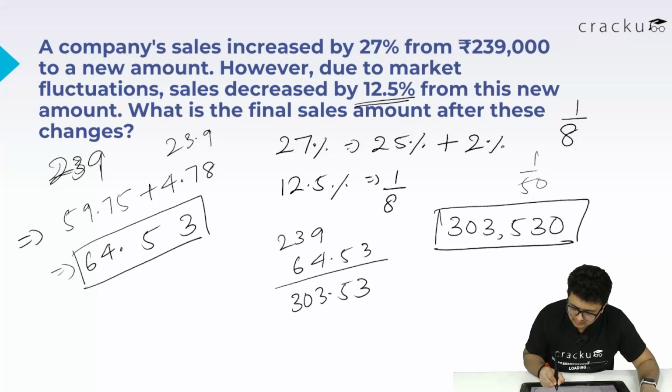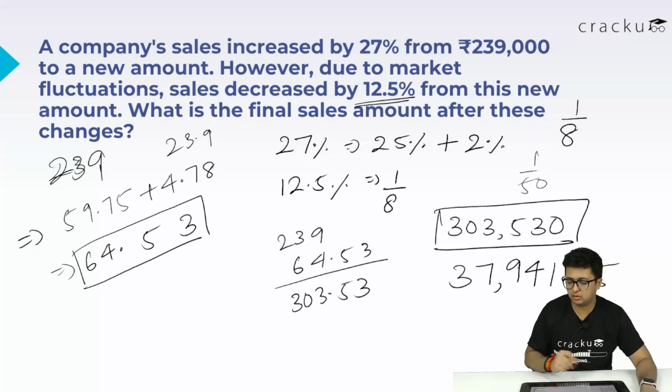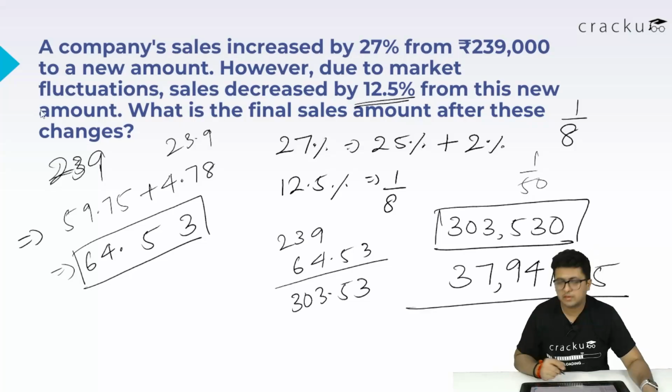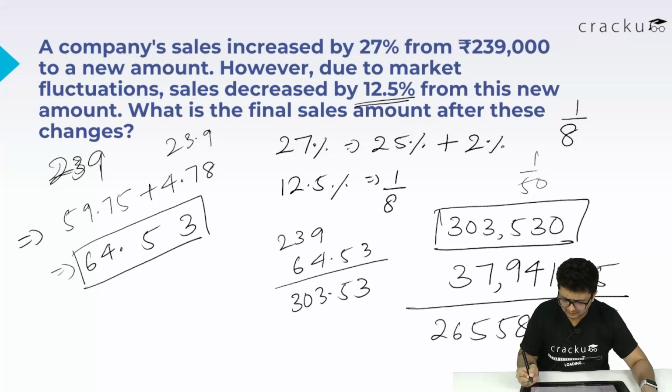I can basically write this as 8 3s are 24, and so on, carrying through the digits. So 1 by 8 of this is basically this, and then subtracting this, you get the final amount. I think this is the correct answer, but yeah.